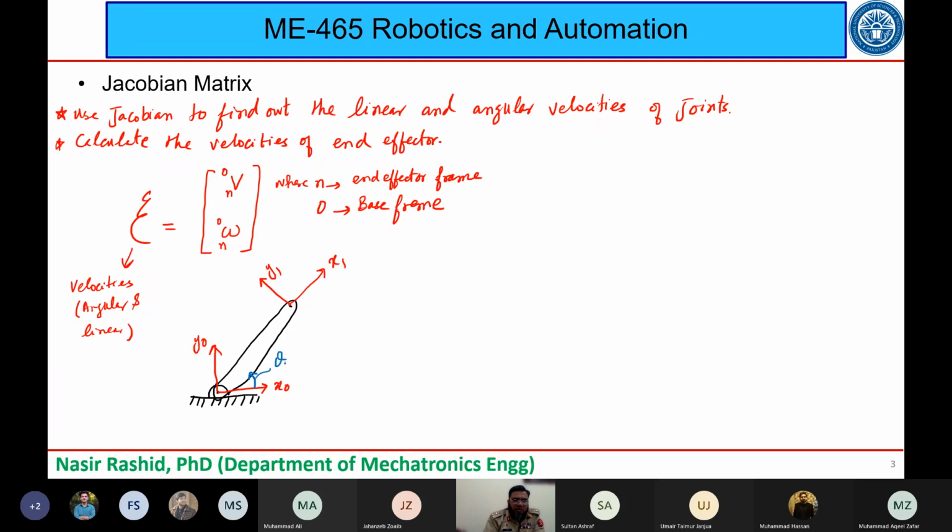Let us call it angle theta, not theta 1 now.